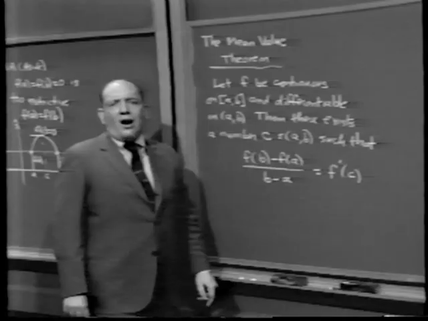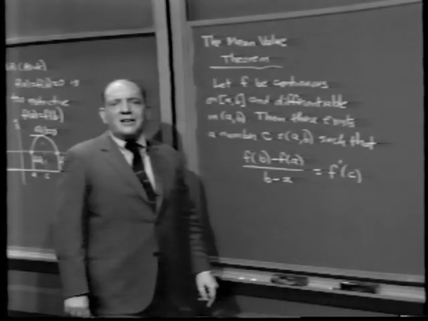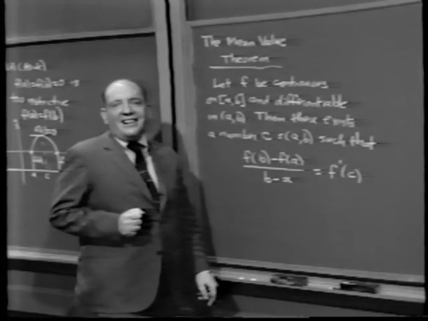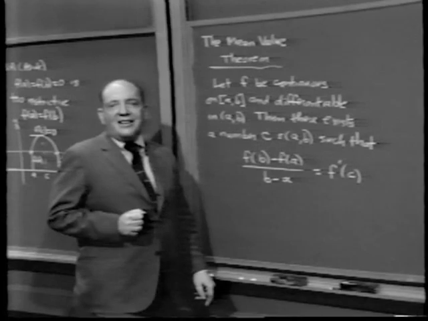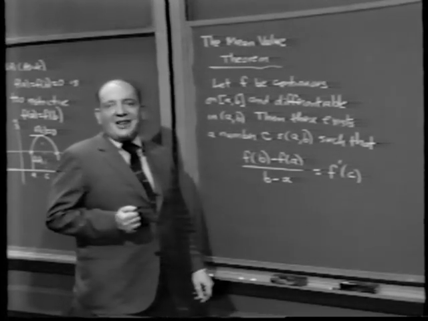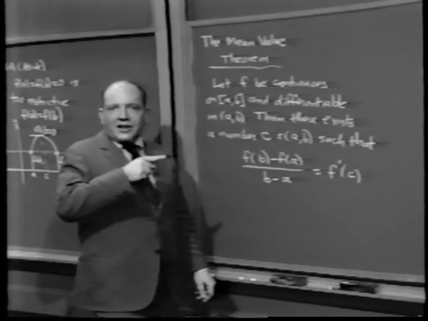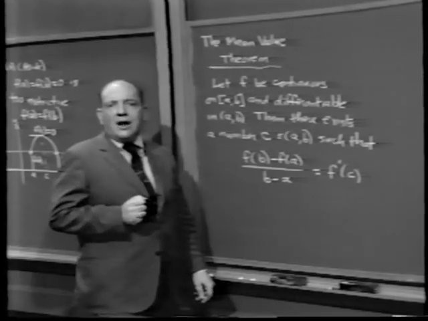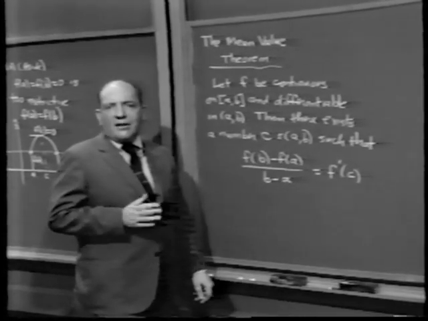You see, if you were always going less than your average speed, how could you have had an average speed as high as your average speed? So all you're saying is that the instantaneous speed at a particular instant must equal your average speed someplace along the path.